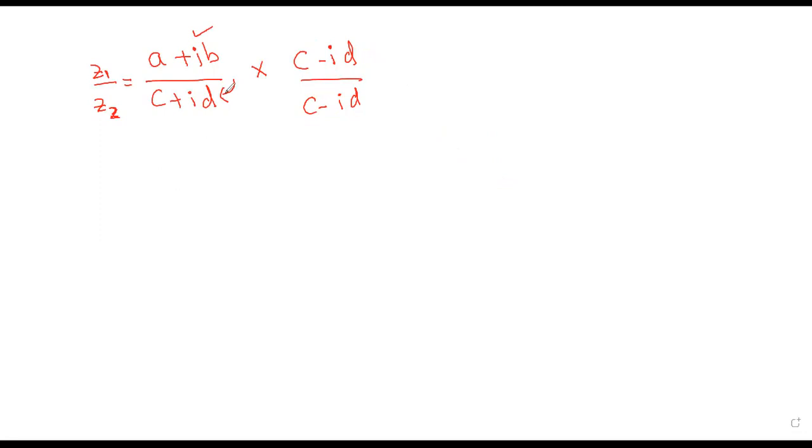Okay. Now, why am I multiplying the conjugate of the denominator? I'll tell you. Now we have c plus iota d. Let's say we have a plus b and we have a minus b. Whenever we have this form, a plus b, a minus b, we write a square minus b square, right?